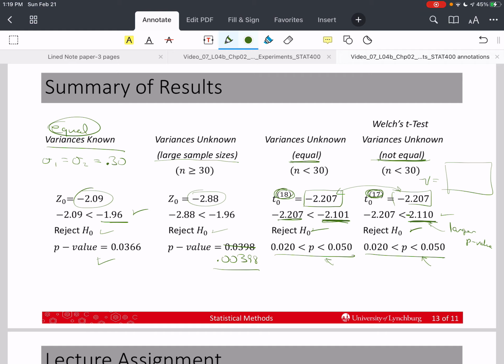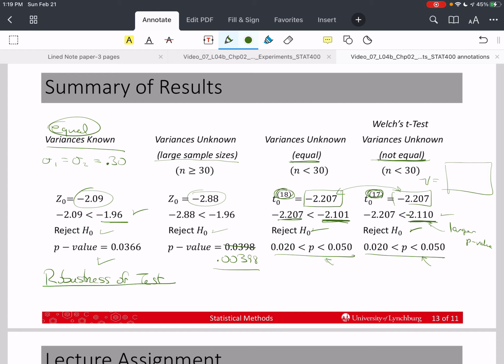I do want to talk about the robustness of the test. Okay, and this is talking about the violation of the assumptions.